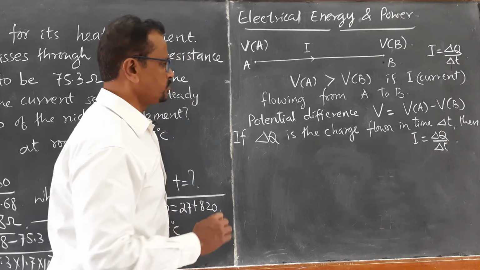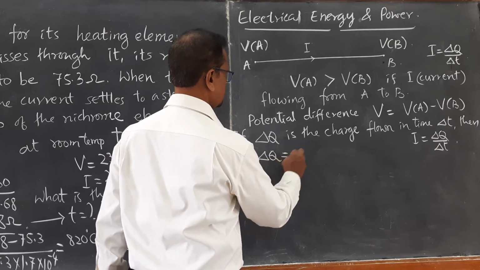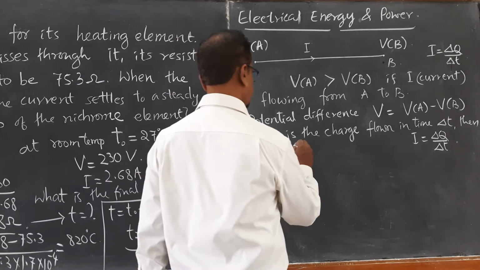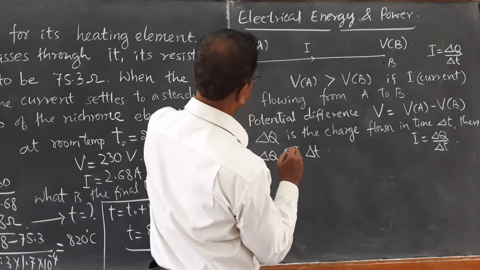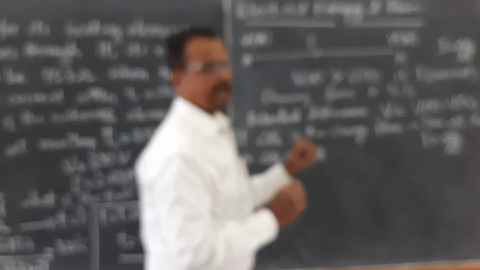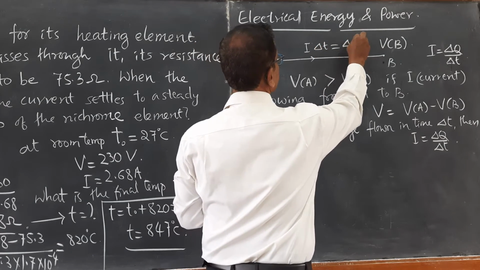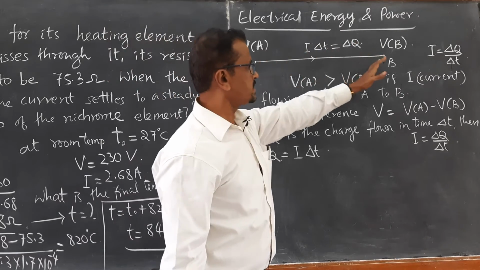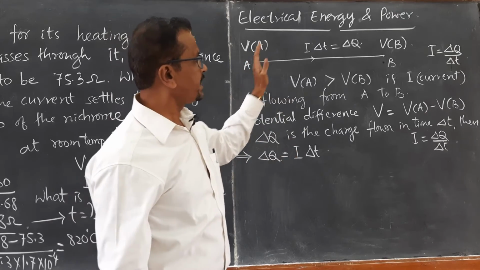This implies the amount of charge flown through a certain amount of time delta t is delta Q equal to I into delta t. So the amount of charge that has flown from A to B in time delta t is I delta t, that is equal to delta Q, right? So if delta Q is the amount of charge that has flown from A to B, I can calculate the potential energy difference.